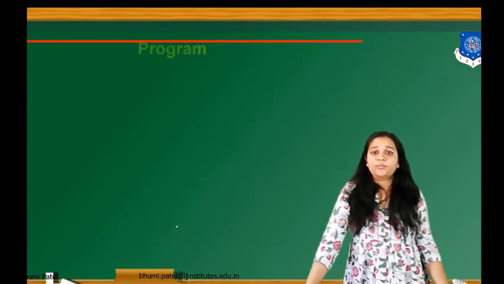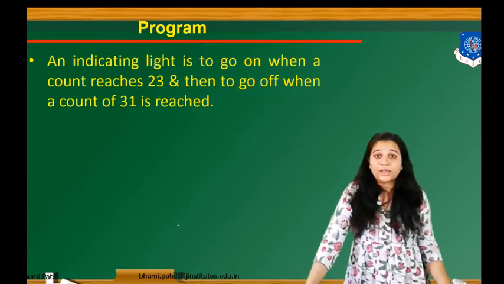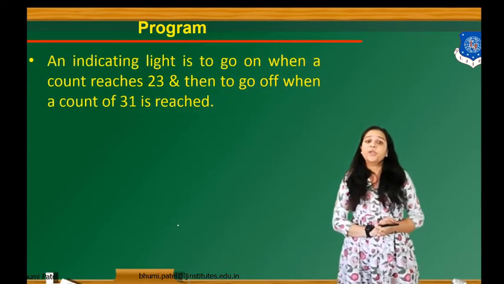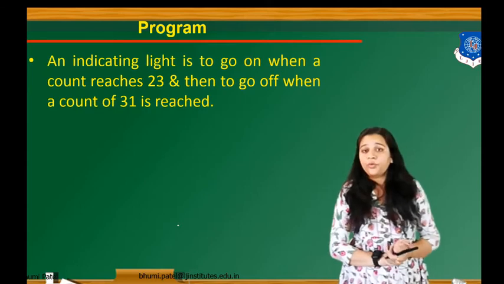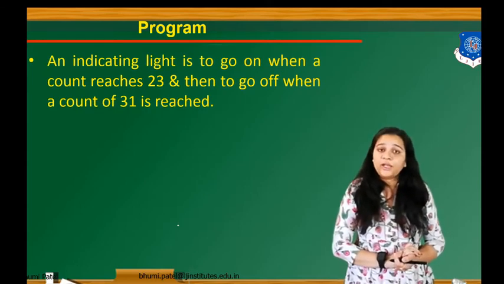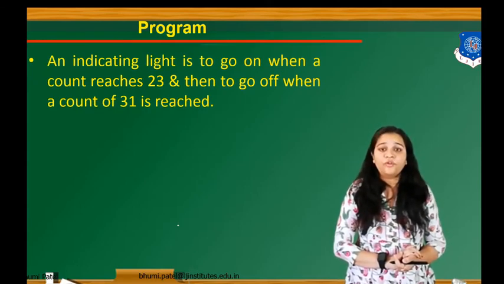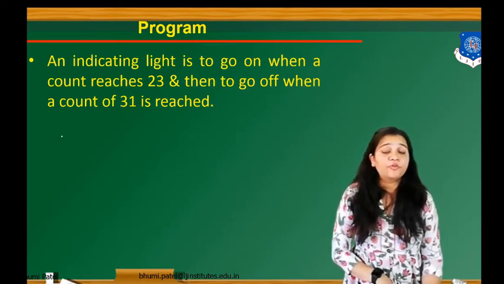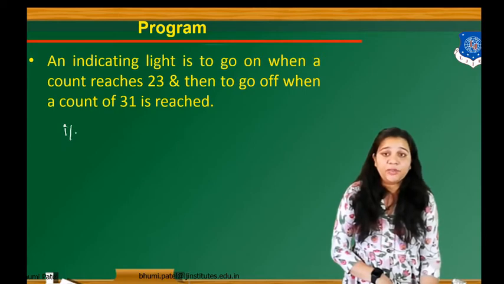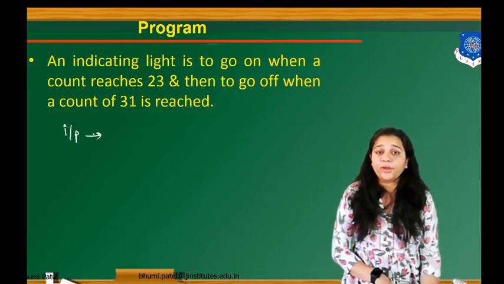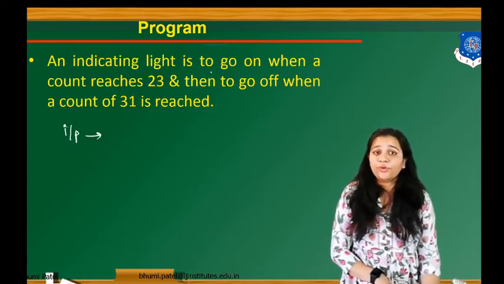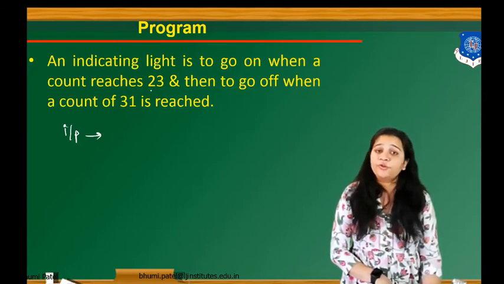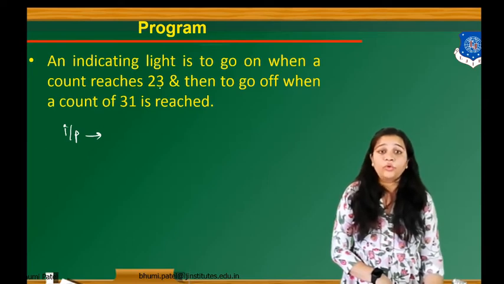Now the next program is: an indicator light is to go on when a count reaches 23 and then to go off when the count of 31 is reached. For that, first of all we have to define the inputs for this program. The indicator light is to go on when the count reaches 23, so for that we have to use the up counter, and then it goes off when the count of 31 is reached.